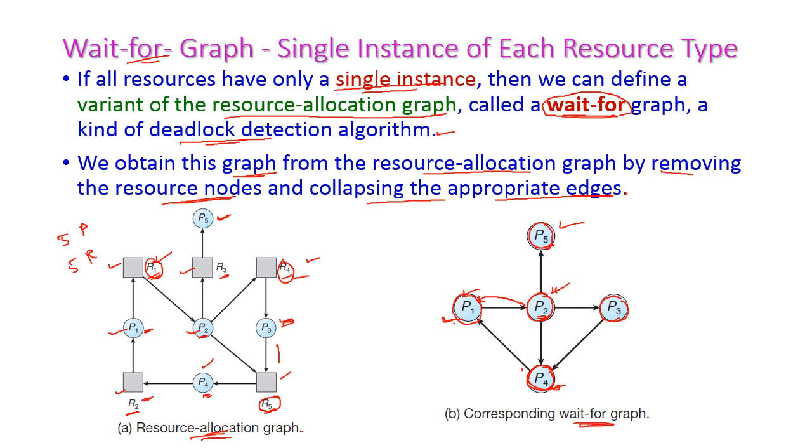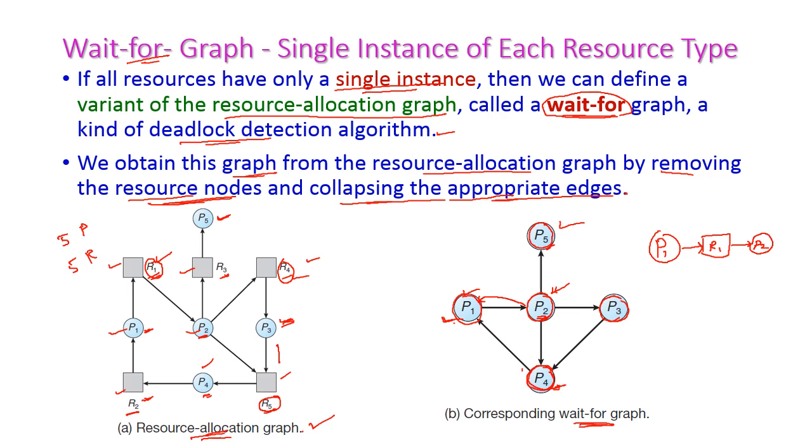What is the wait for graph? We remove all the resource nodes from the resource allocation graph and collapse the appropriate edges. For example, process 1 is waiting for resource 1, and resource 1 is already allocated to process P2.